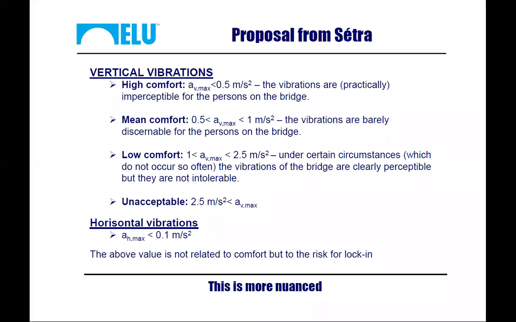So for instance, if the maximum acceleration is less than 0.5 meter per square second, then we will say that this is a high comfort threshold. For mean comfort, we will have values of maximum acceleration between 0.5 and 1 meter per square second. And a low comfort will be with maximum values between 1 and 2.5 meter per square second.